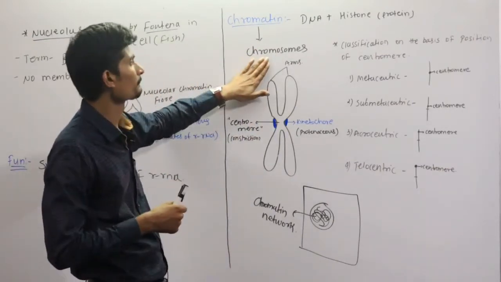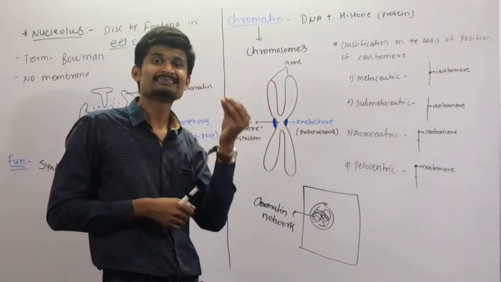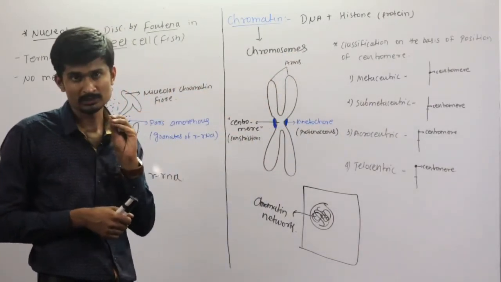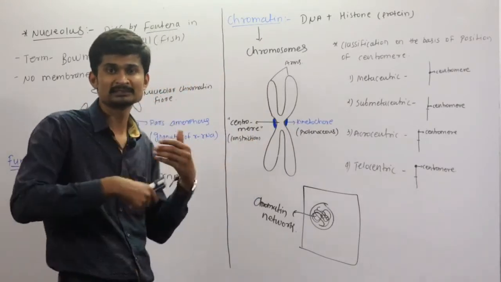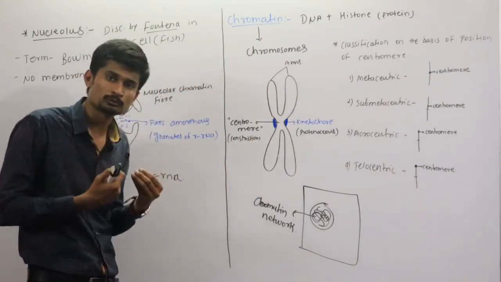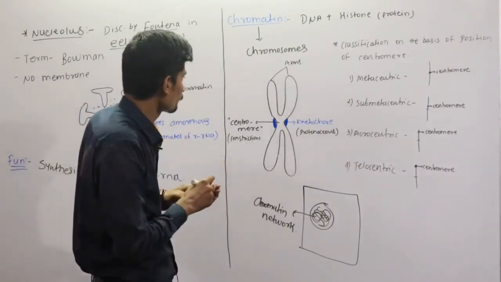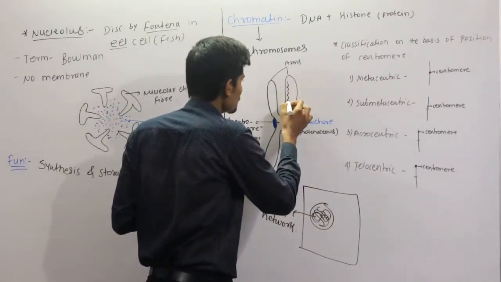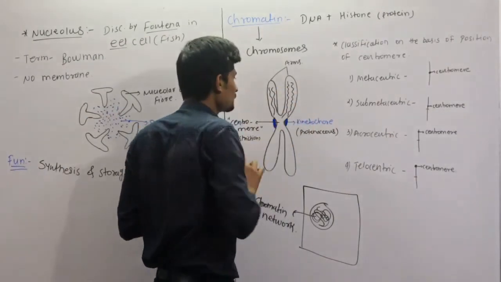Chroma means color, and soma means body, so these are colored bodies present inside the nucleus. But actually these chromosomes are made up of DNA, so there is a coiling of DNA inside the chromosome.